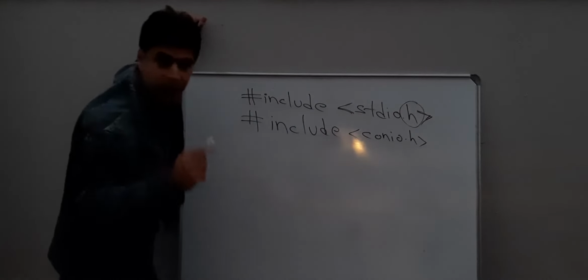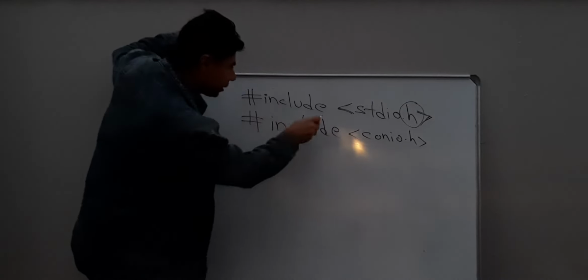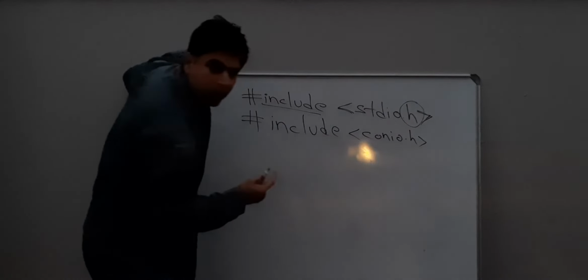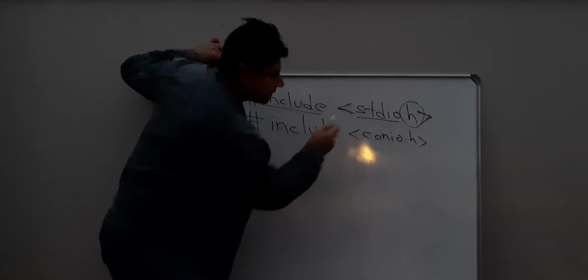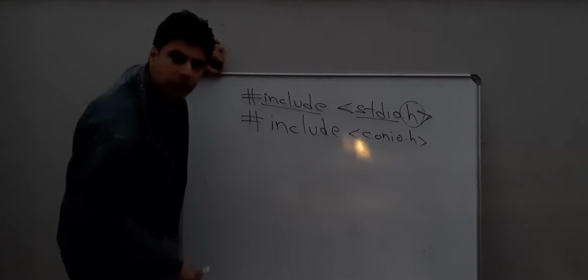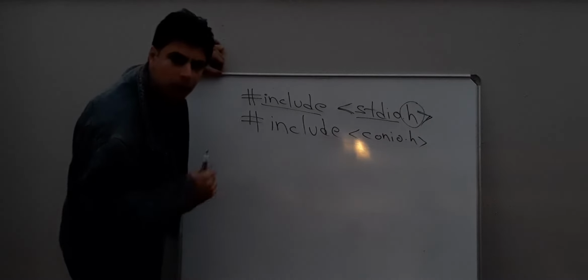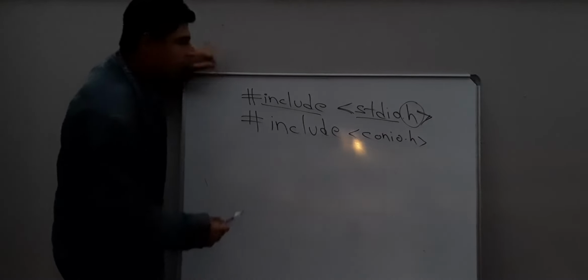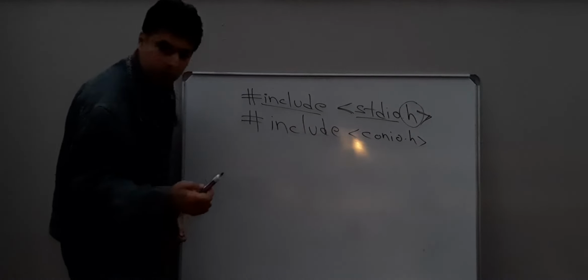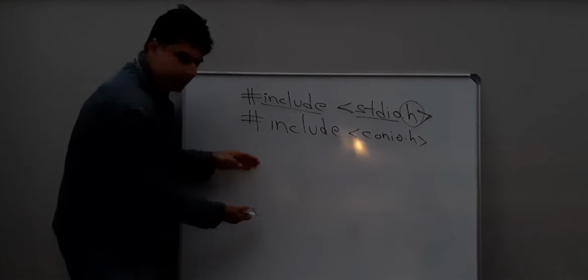So H means header. In this first line, we are including a header file, and the name of that header file is stdio. stdio stands for standard input output. This file has lots of functions which we will use in our code.